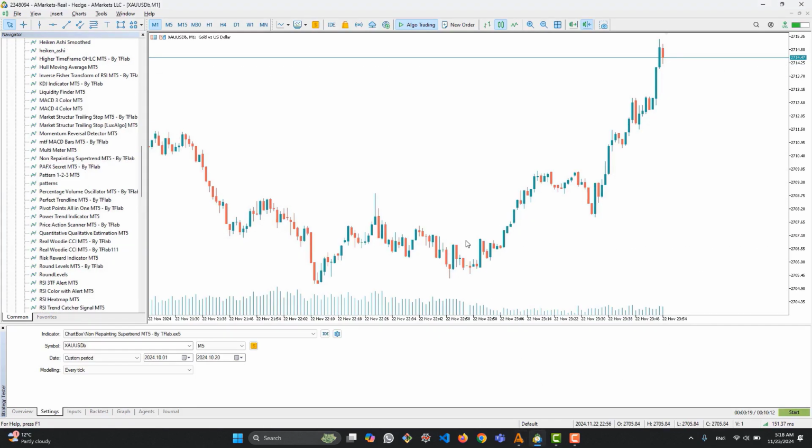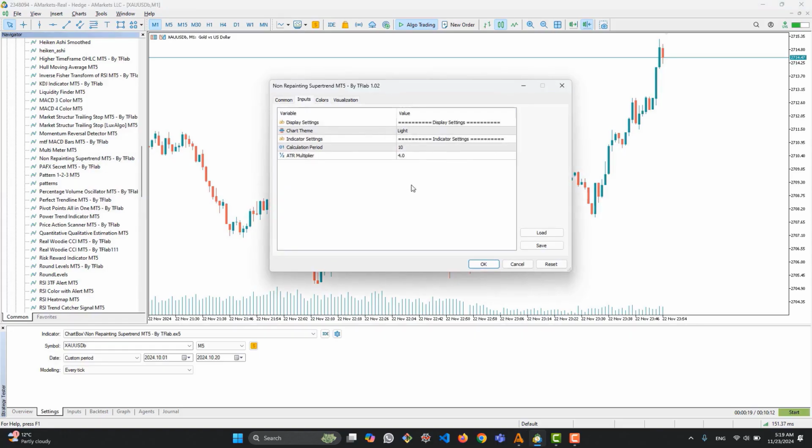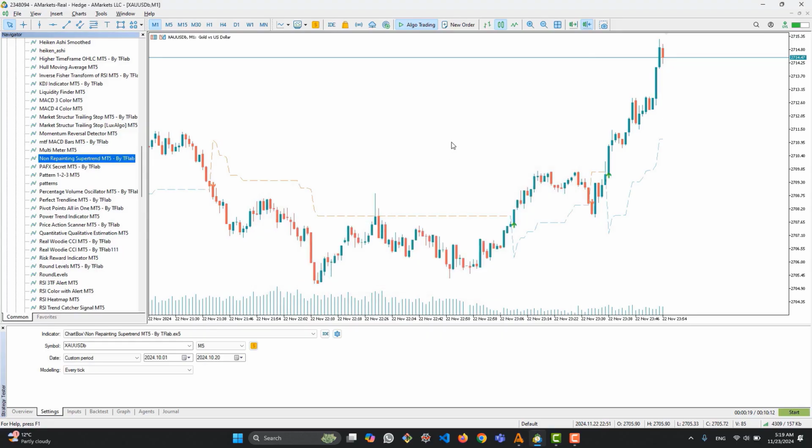You can also use the MT5 version and this indicator on the MetaTrader 5 platform. Let's see the live test and this indicator together on the MetaTrader 5 platform.